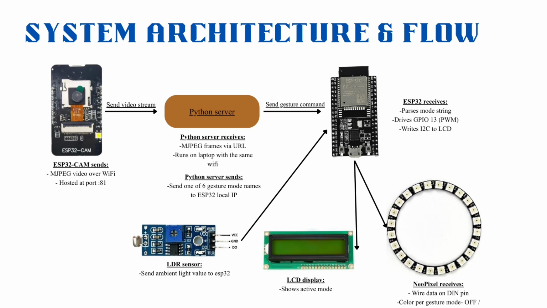This reading is mapped to the brightness levels we have here: the dark room, the normal, and the sunny day. After all of that, it sends the data to the NeoPixel and to the LCD to display, and also activates the NeoPixel.